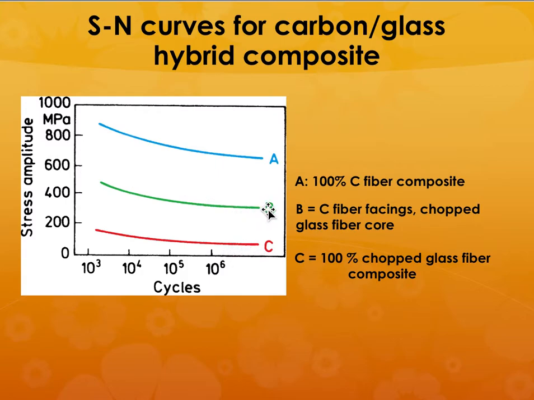But if you started adding carbon fiber facings with a chopped glass fiber core, the stress limit decreases to less than 400 megapascals. And if you had only chopped glass fiber, then it is close to 40-50 megapascals. So the higher the amount of carbon fiber added to this material, the better the fatigue properties of your composite material.